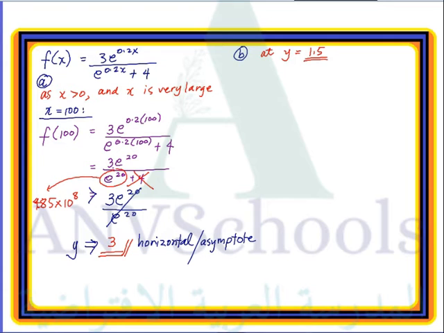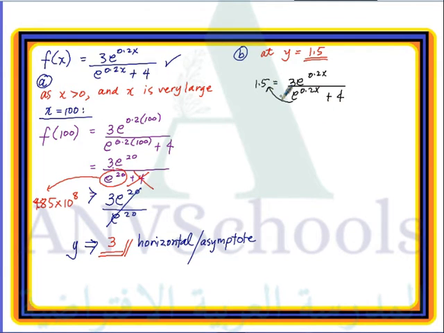So consider that our original function is this one. So what we can do is compute for our x. If our f of x is 1.5, then that's equal to 3e^0.2x over e^0.2x plus 4.